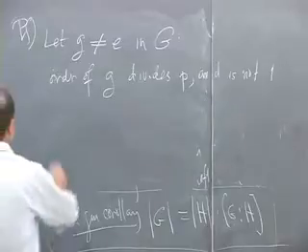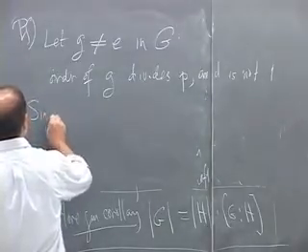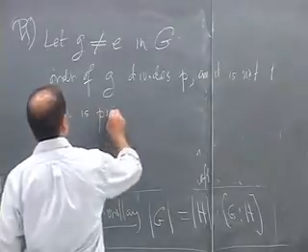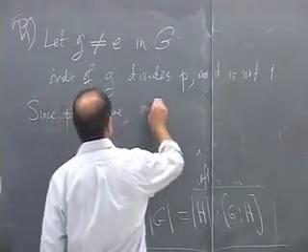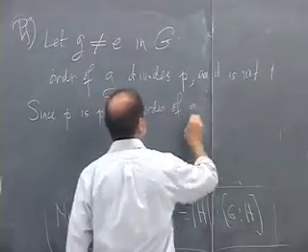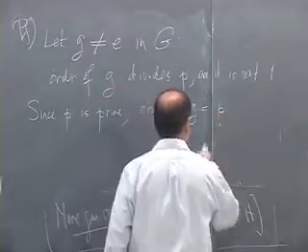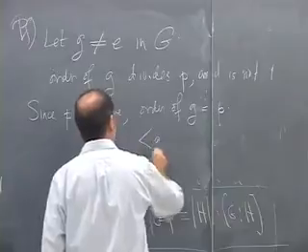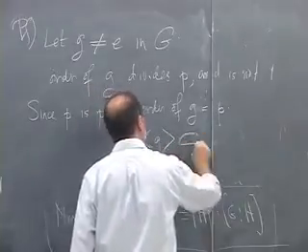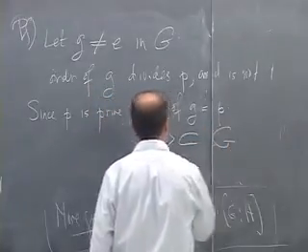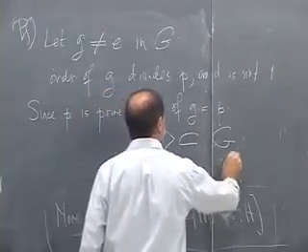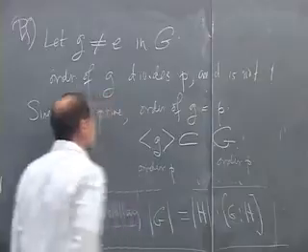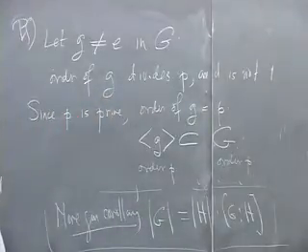Hence, since p is prime, its only divisors are p and 1. We see the order of g is equal to p, which says that the subgroup generated by g, which is a subset of G, has order p. And if you have finite sets, one contained in the other, and they have the same order, they're equal.